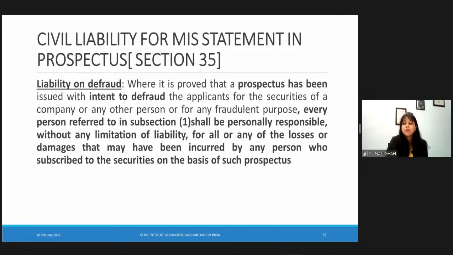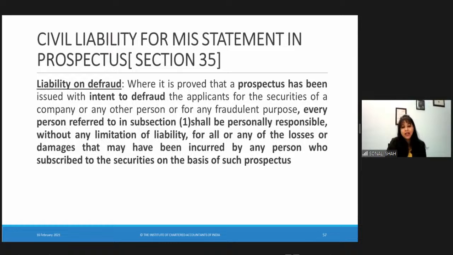Where it is proved that the prospectus has been issued with an intent to defraud the applicant of the securities of the company, or for any fraudulent purpose, every person that has been referred shall be personally responsible without any limitation of liability for all or any of the losses or damages that have been incurred by any person who subscribed to the securities on the basis of such prospectus.